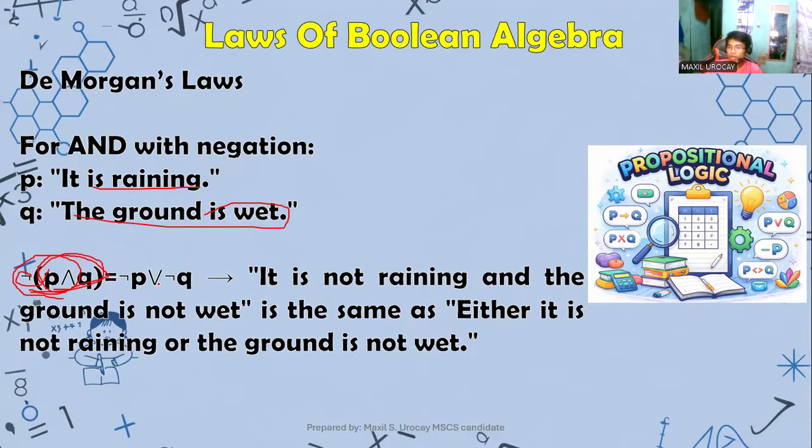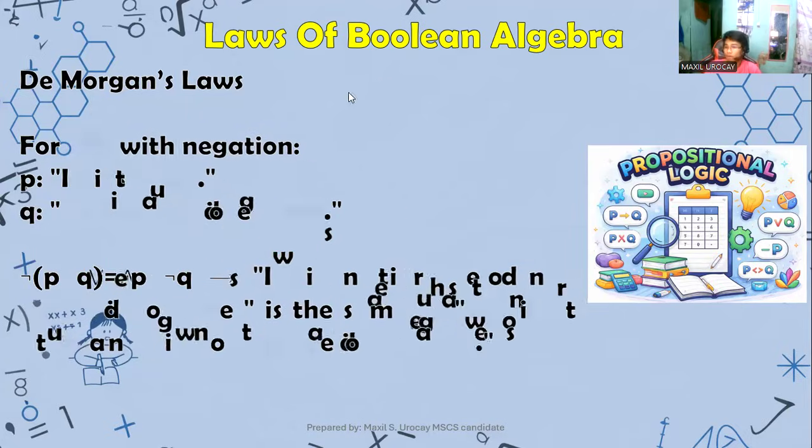So here, not P. It is not raining and the ground is not wet. If you work on this, it is both not raining and the ground is not wet also, right? Either it is not raining or the ground is not wet. They are equivalent to each other. I hope you were able to understand that.